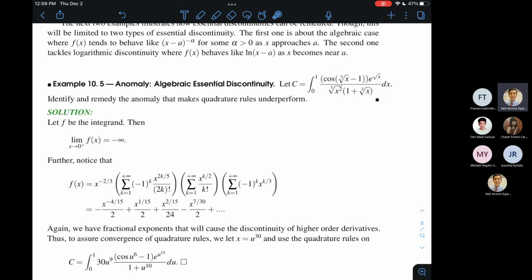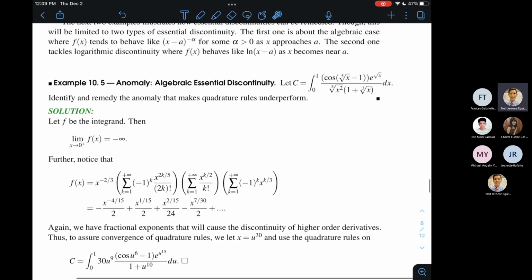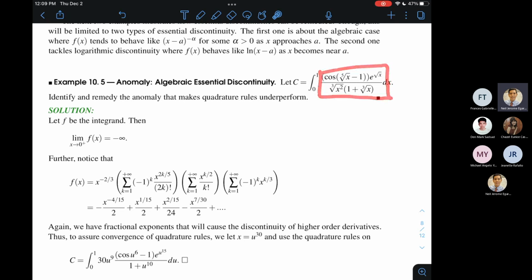Napaka-komplikado ng function, and from afar, even at just looking at the integrand, you will smell some trouble. Alam mo na kagad na magkakaroon dyan ng problema. The first problem is, okay, the function is discontinuous at x equals 0, kasi obviously the function value will not exist at x equals 0. But even more than that, pag kinuha natin yung limit ng integrand, as x approaches 0, makukuha natin ay negative infinity, right?